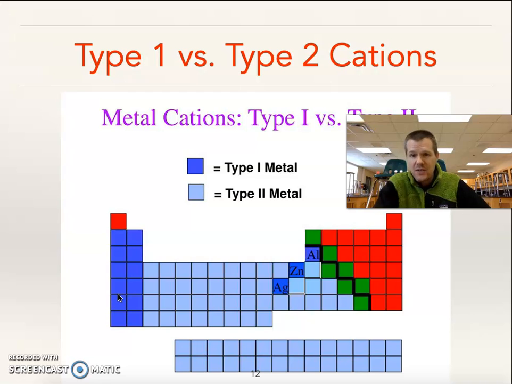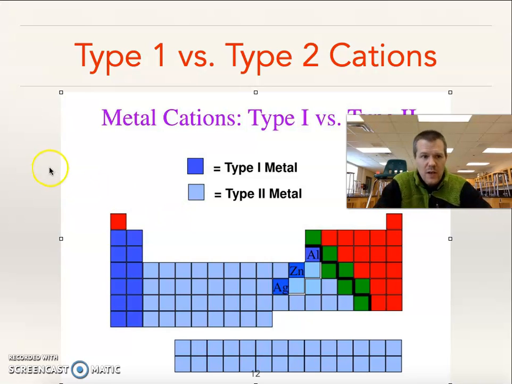They form +1 cations in the language of chemistry. In the second column, the alkaline earth metals always form +2 cations. Aluminum, zinc, and silver always form +3, +2, +1 cations. Those are all type 1.